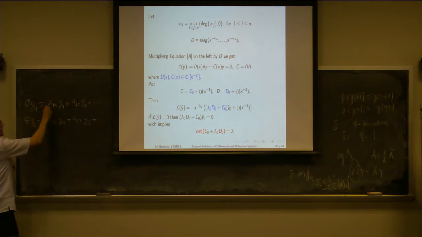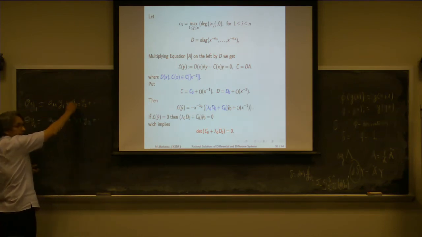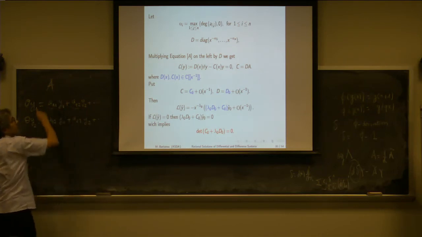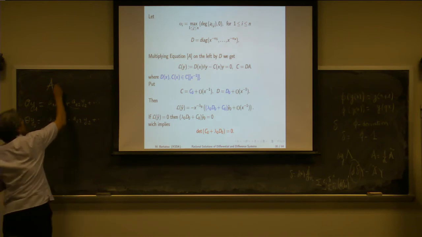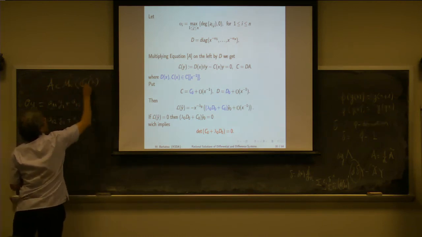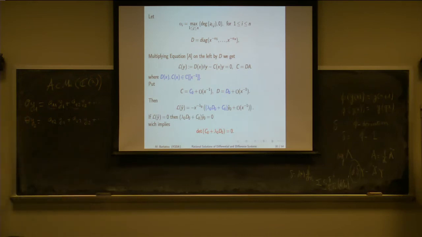So the idea is to look at this: the matrix A is a rational function, and we expand this A as a Laurent series at infinity, in 1 over x.